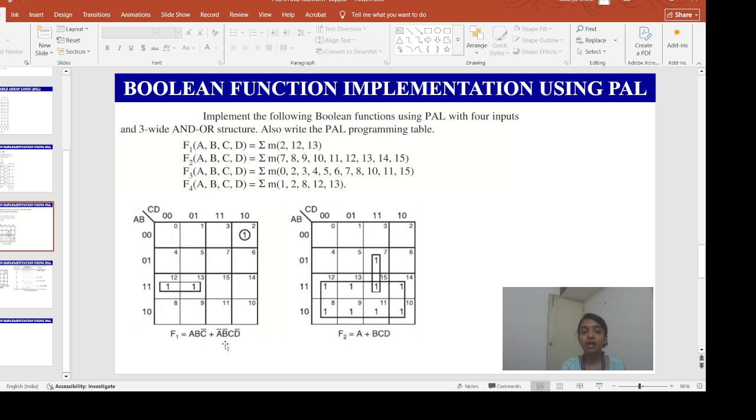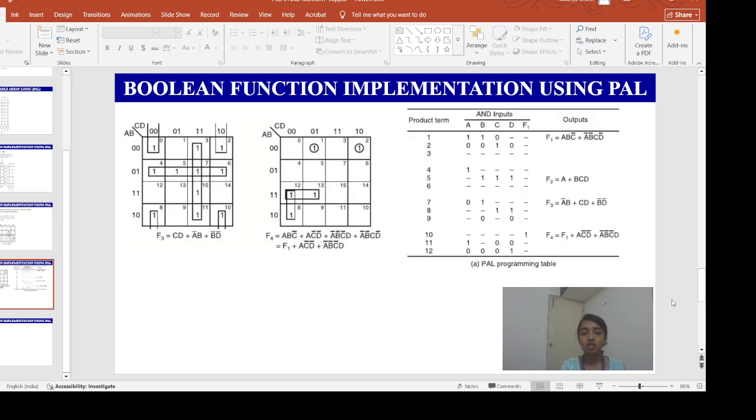Okay, so for the first function, what is the term? ABC bar plus A bar B bar C D bar. ABC bar means this is 110, and A bar B bar C D bar means 0010. This is for F1, it is done, and the third is not there. Okay, so for F2, what is the term?